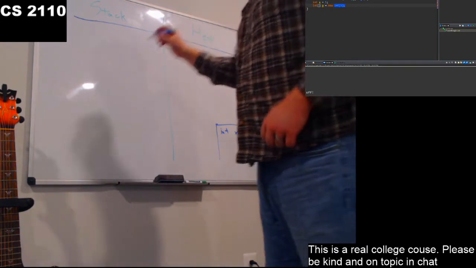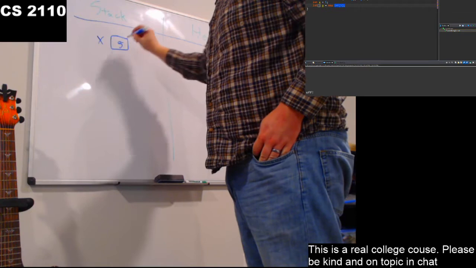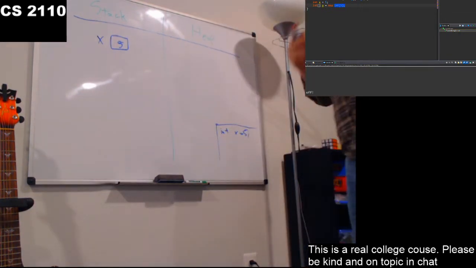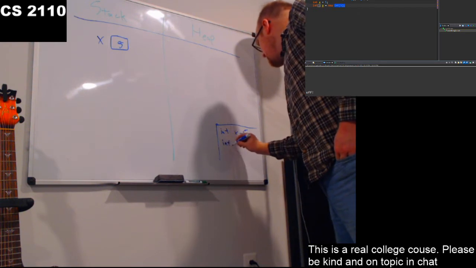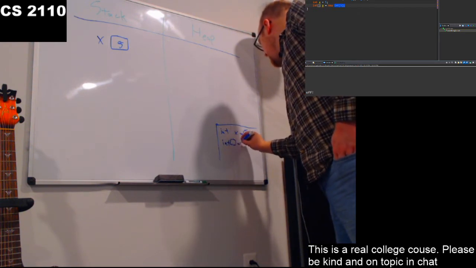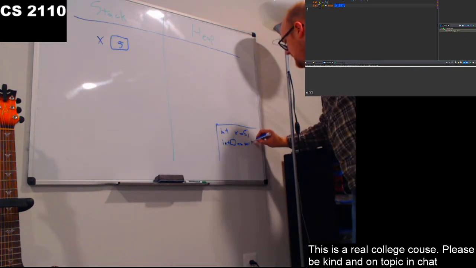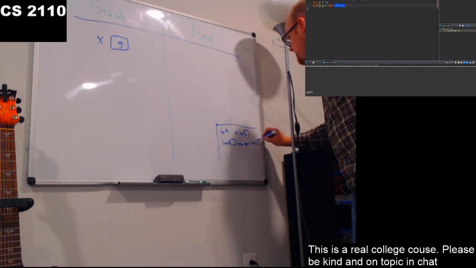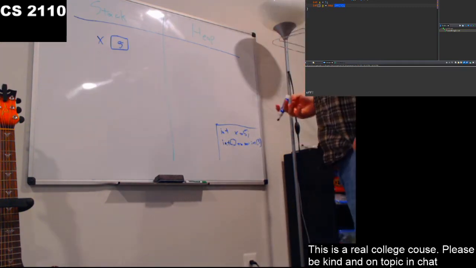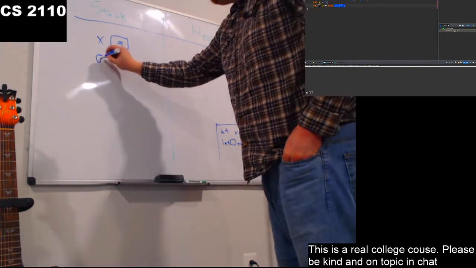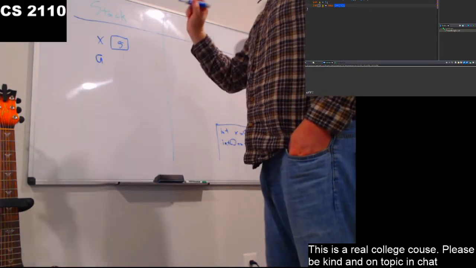That creates a variable on the stack, and that contains the number 5. When I say int array A equals new int 5, then this creates a variable called A on the stack, but this does not contain the array.